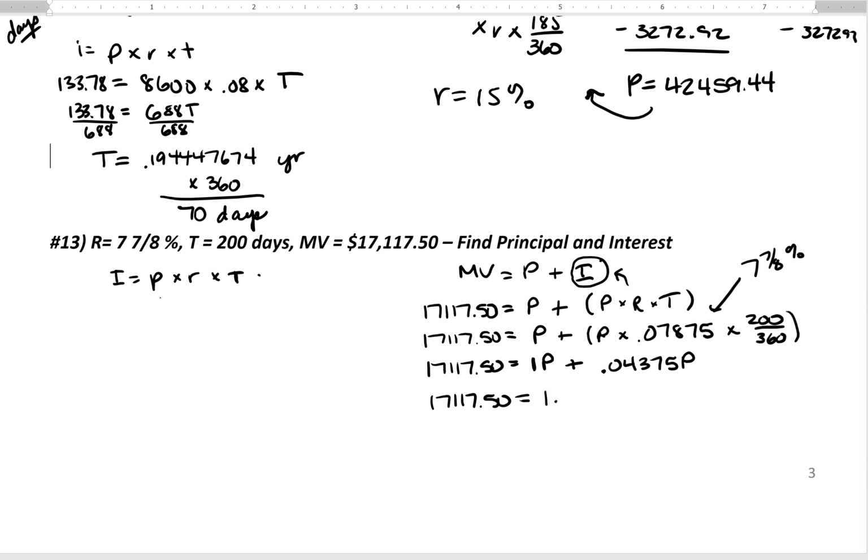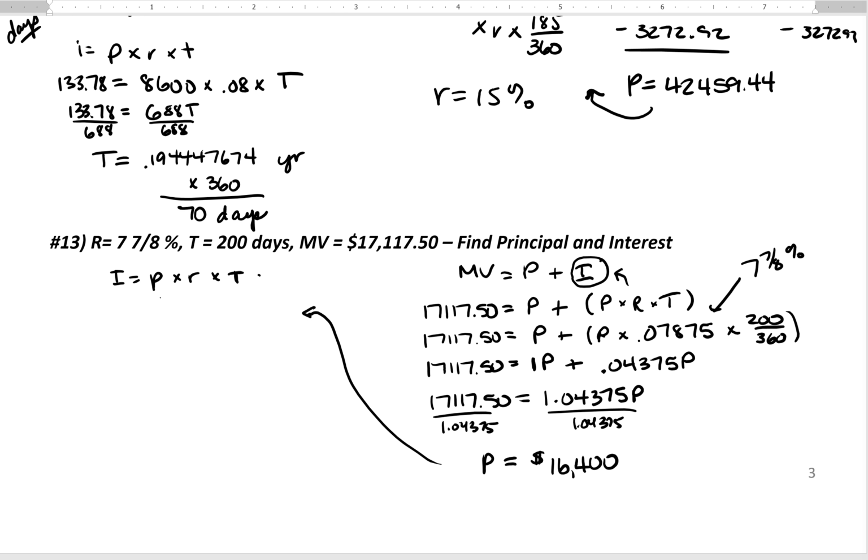So that is equal to 1.04375 times principal. I can distribute that. And so then principal, if I divide both sides by 1.04375, I get principal is equal to 16,400.